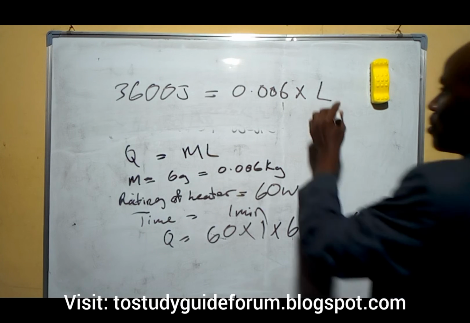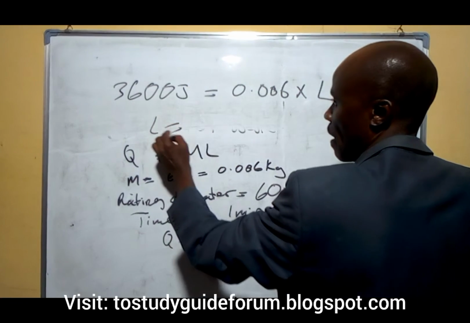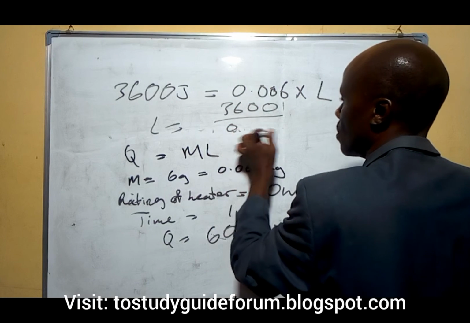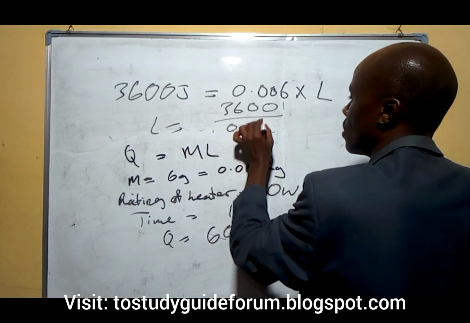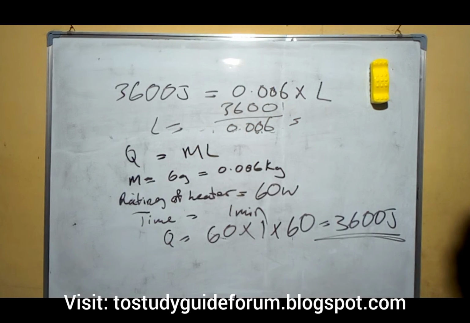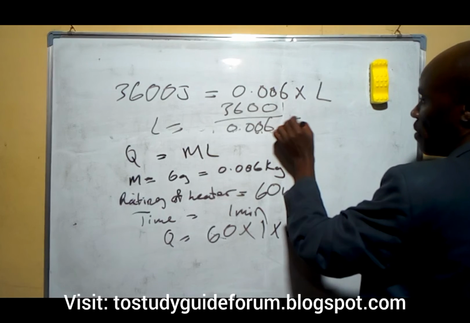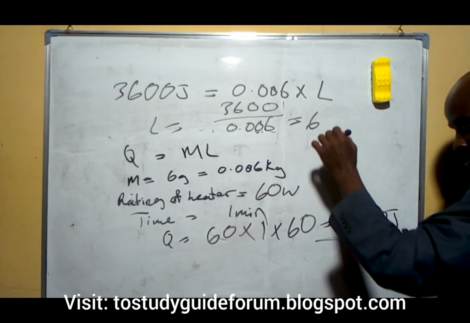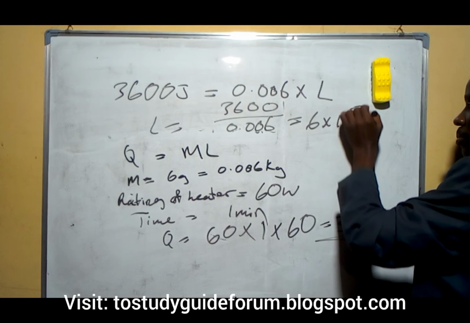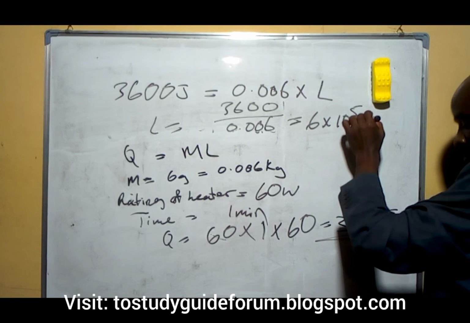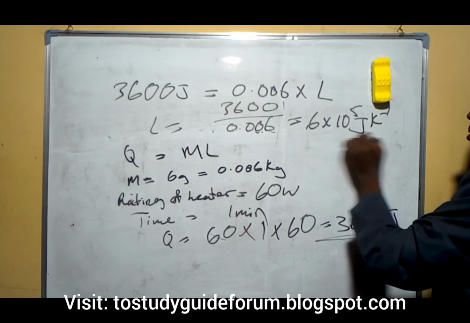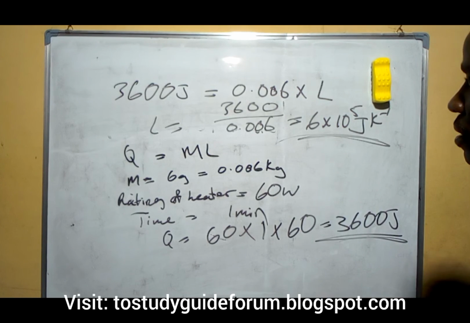Then, making L the subject of the formula and canceling out, we have 6 times 10 raised to the power 5 joules per kg as a final answer.